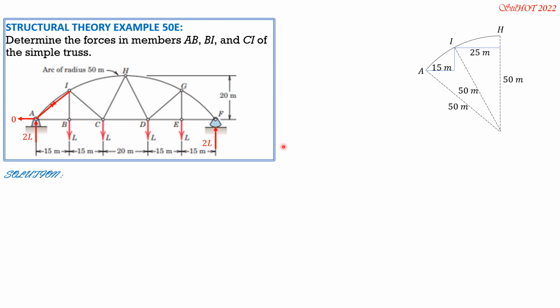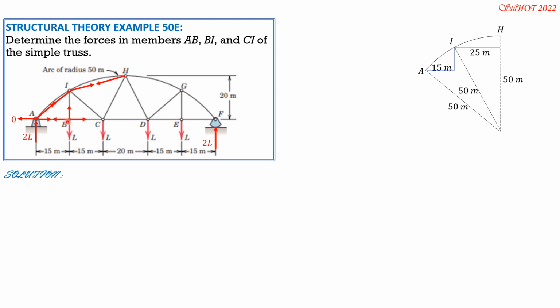So this is the force in AI directed from A to I and vice versa. We always assume tension members, as well as FIH and FHI the same. And we need to compute that angle later. This is FAB.